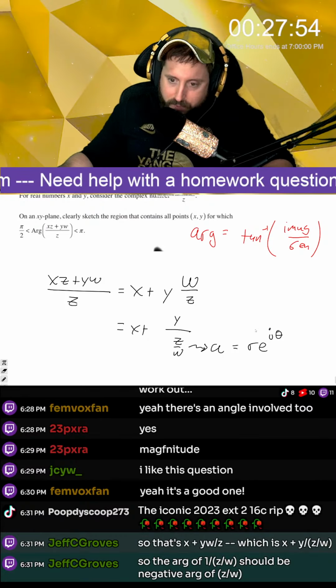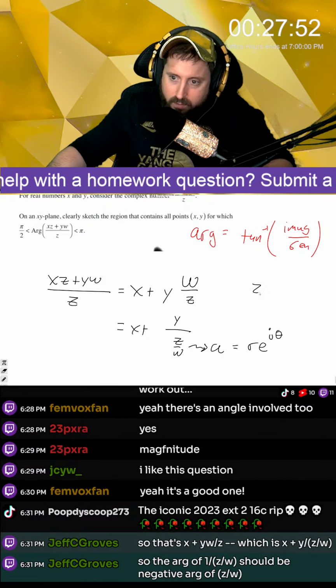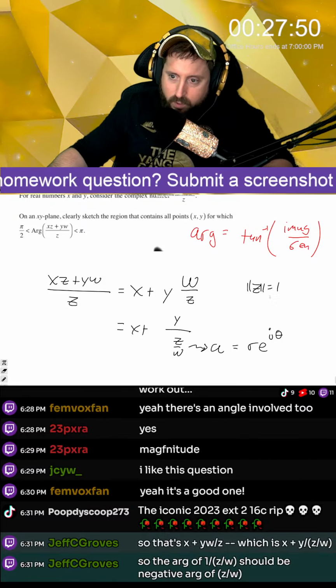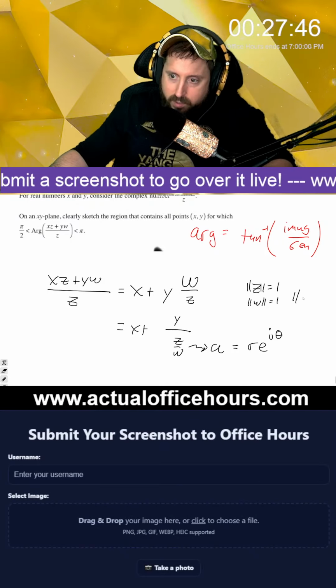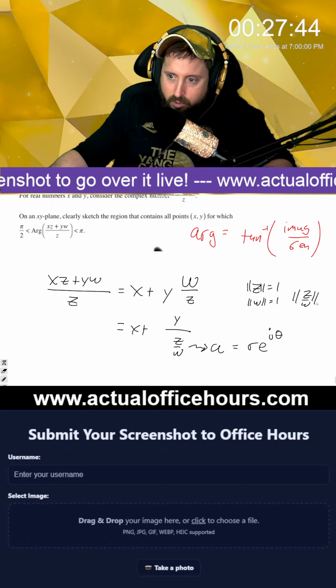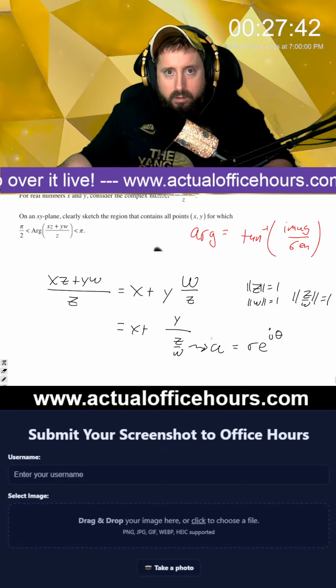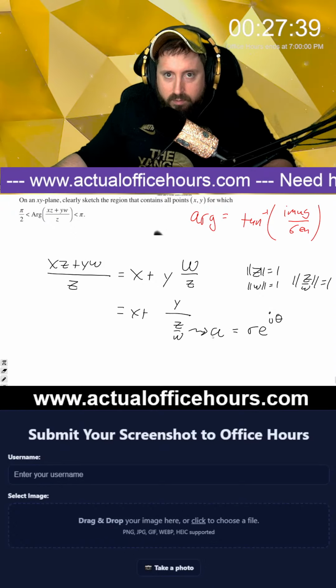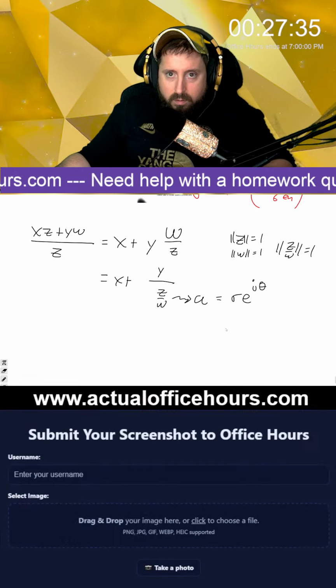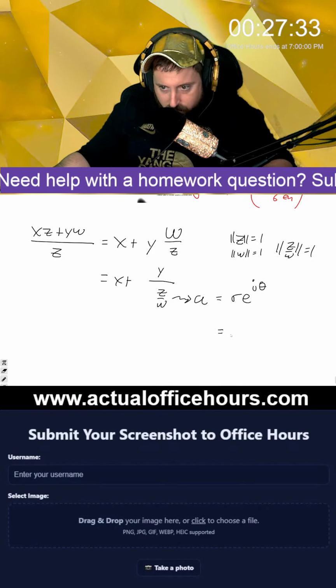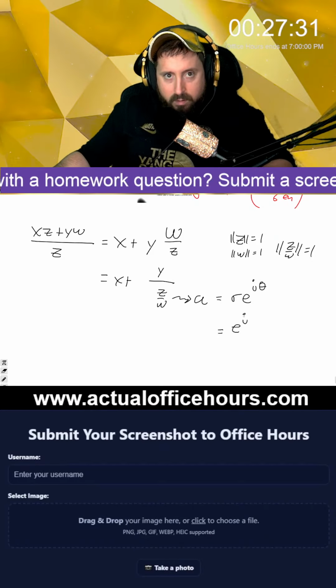But, okay, cool thing: the modulus of z is equal to 1, the modulus of w is equal to 1. So the modulus of z over w should also be equal to 1, right? Yes. So that's just equal to e to the I theta.